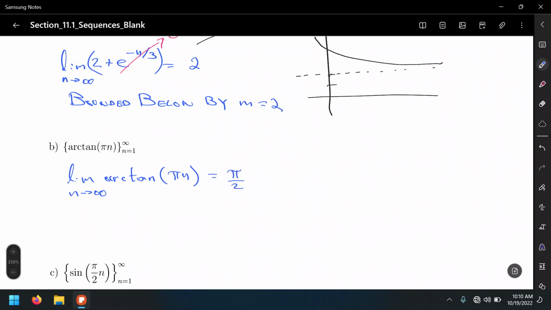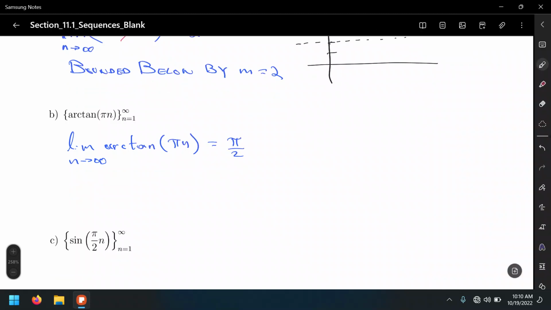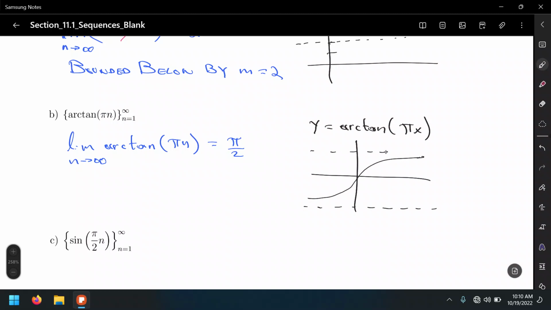But now let's have a look at the graph of arctan of x. So y equals arctan of pi x. It doesn't matter if the coefficient is pi or 1. So it looks like this. It has 2 horizontal asymptotes, 1 above and 1 below. But be careful, because just because we have 2 horizontal asymptotes in our graph, it doesn't mean that this is bounded both above and below.